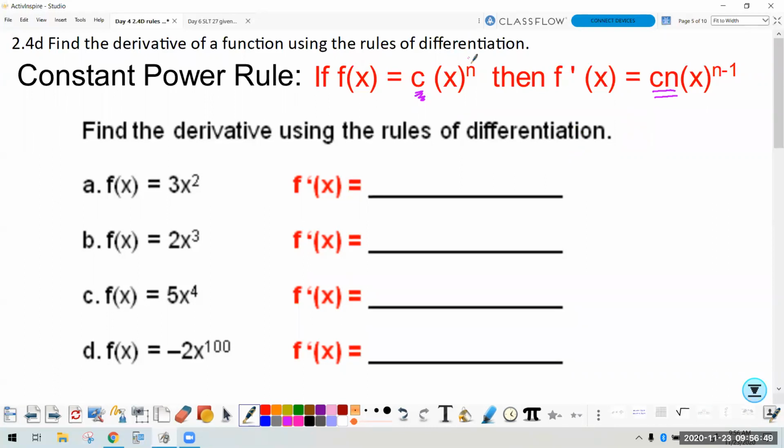So it still works the same way where the power comes down to be the coefficient, subtract 1 for your exponent, but now we just then combine those numbers, we multiply to get the final value of the coefficient. So we're going to do that 4 times.